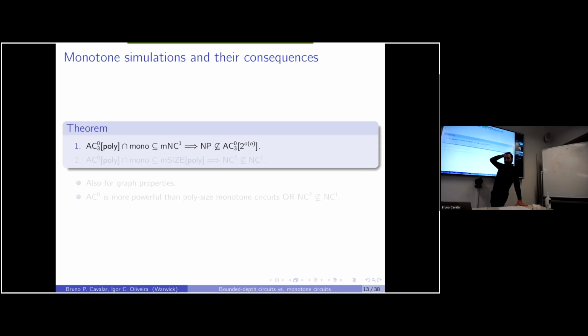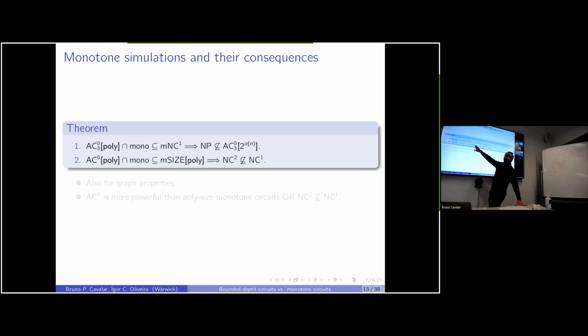And as Valiant showed, I don't know how many decades ago, if you get this lower bound for AC0 depth-3, then you can finally get some lower bound for linear size log depth circuits, right? We don't know yet how to prove not even superlinear circuit lower bounds, but even lower bounds for linear size log depth circuits, and that would show that.